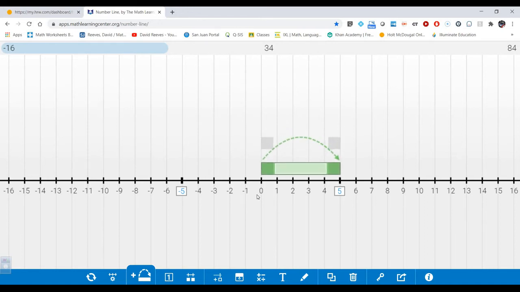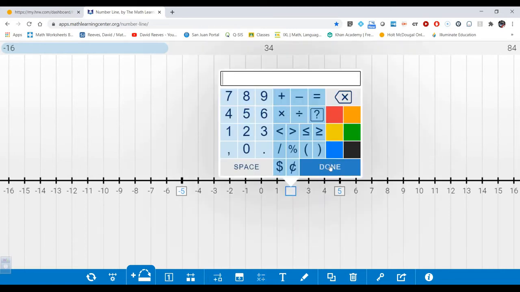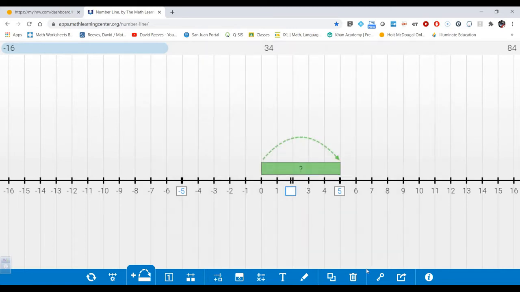In fact, if we do our handy dandy little marker here, we go right there. That's a +5 going that way. Let's get that in the trash and try this again. Now I'm going to come right around here, but flip it around the other way. I'll type 5 on here.